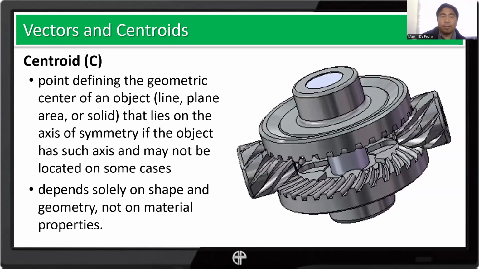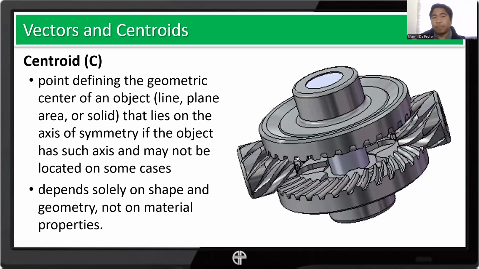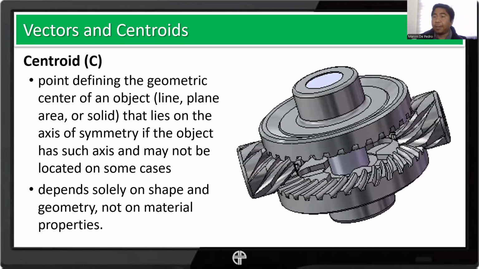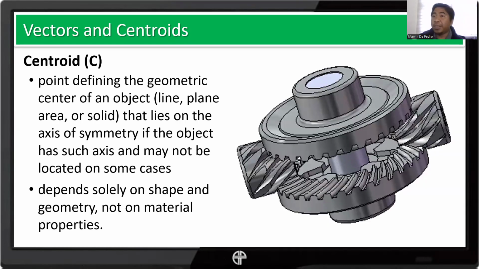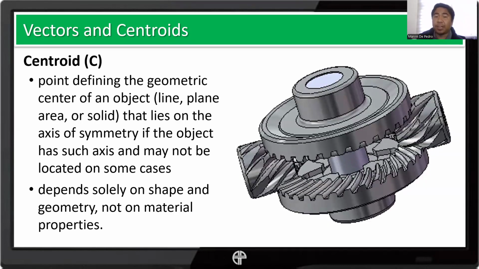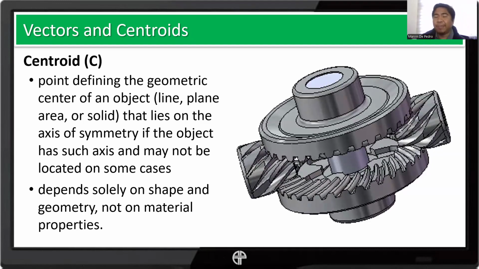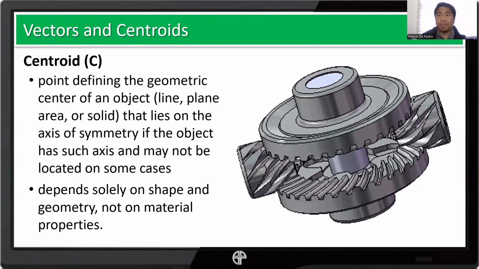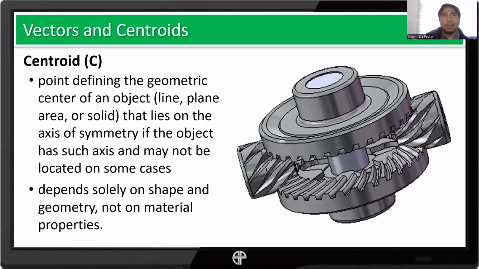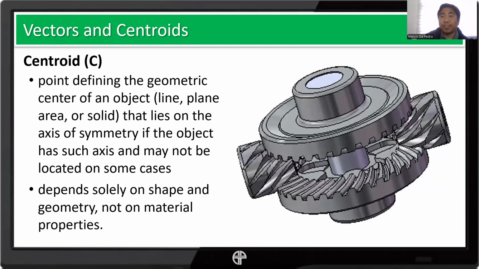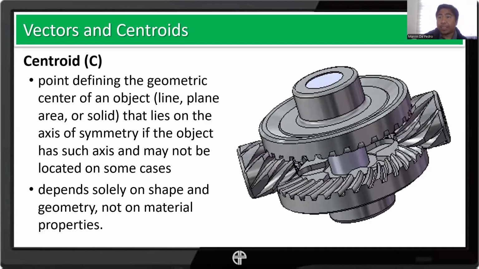And take note, it depends solely on shape and geometry, not on material properties. So when we say centroid, we are disregarding what type of material we are talking about. We are just concerned with the shape.